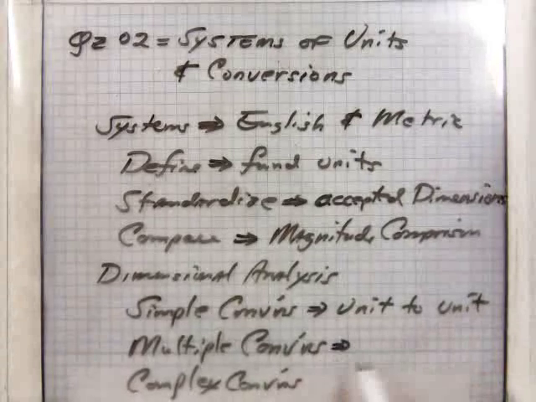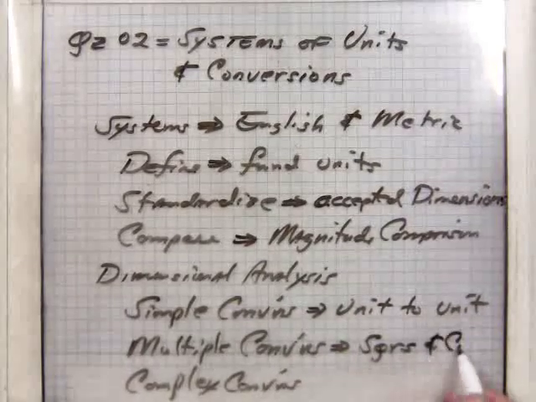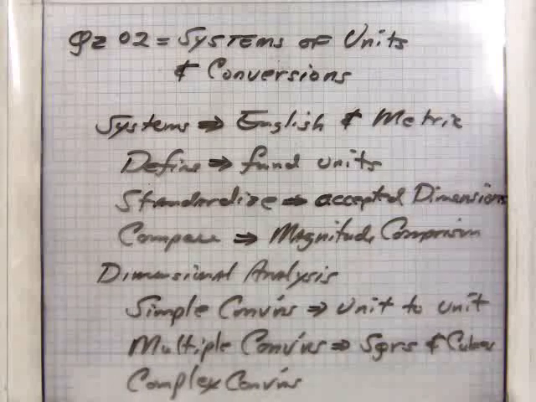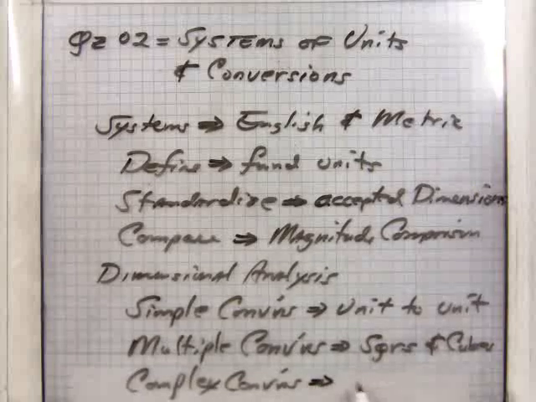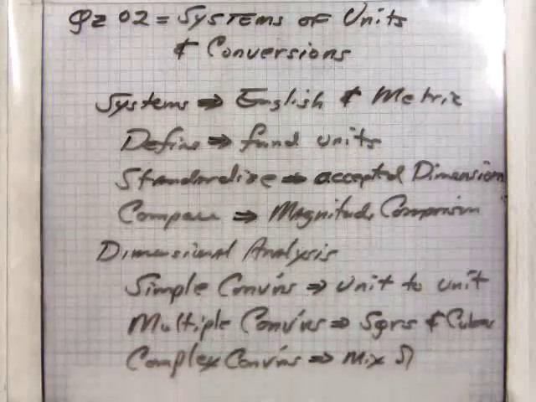Multiple conversion deals with squares and cubes. It is a simple conversion, and then square or cube the conversion factor as needed. But do not square or cube the data, because it's already in the square or cube. Complex is a mix of fundamental quantities.